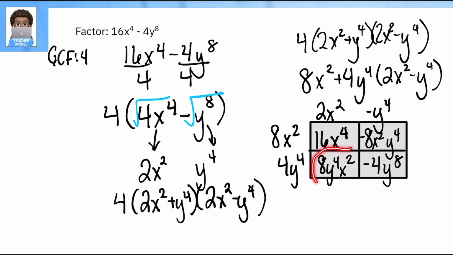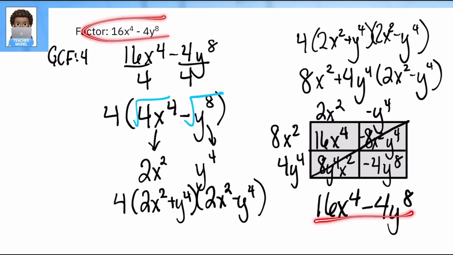Now our middle terms, they do kind of look different, but notice it's the same thing. So I still have x to the second, y to the fourth, and a negative 8 and a positive 8. So these are just opposites. So I am left with 16x to the fourth minus 4y to the eighth, which was our original answer. So it's properly factored out.